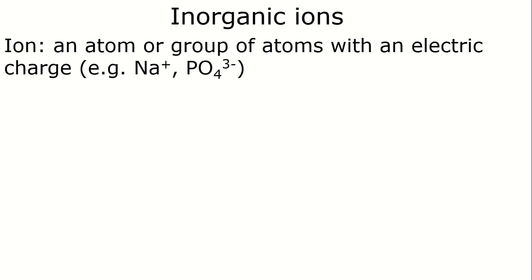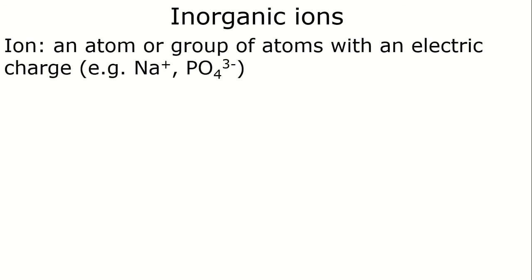Now, with atoms or groups of atoms that have a charge of only +1, we just write the plus symbol, or the minus symbol if it's got a negative charge. It's only when the ion has a charge greater than 1 that we write a number. So if it's got a charge of +1 or -1, we just write the symbol.